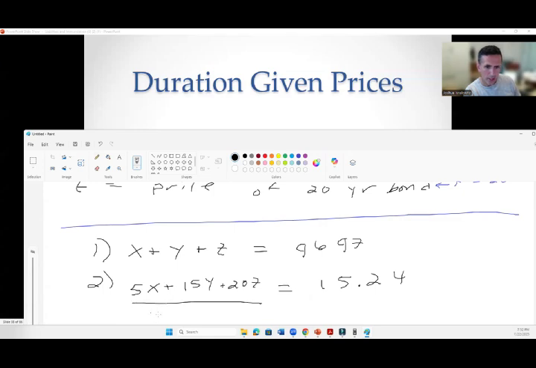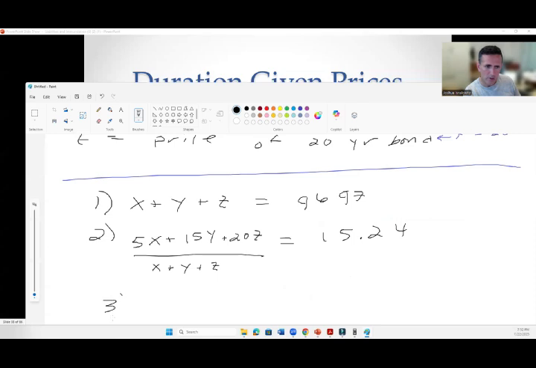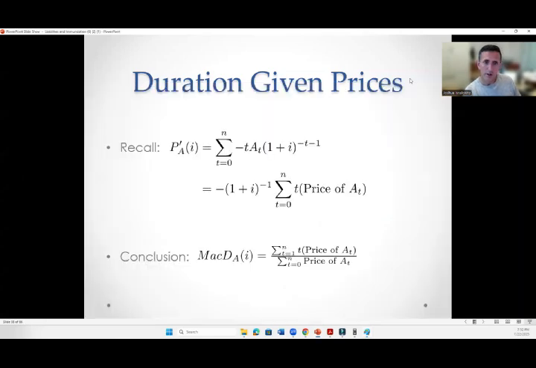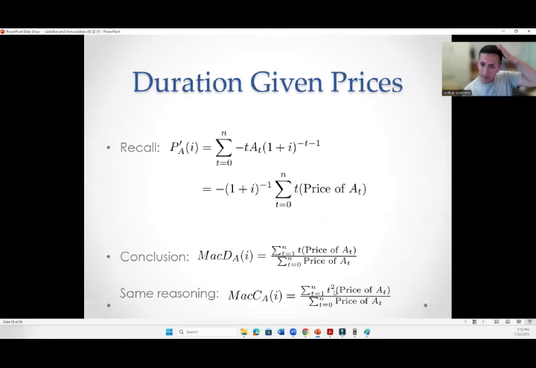Whole thing over x plus y plus z. Right. 3 is going to be almost the same thing. I mean, it is the same thing, except instead of a t, it's t squared.